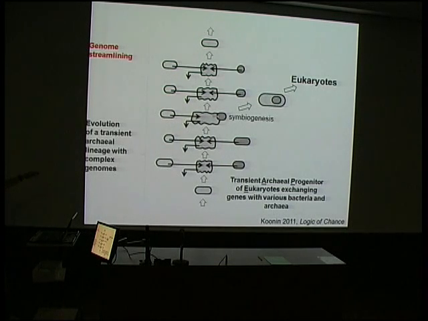Basically, the idea here is that the host of the mitochondria and the symbiont was a very complex archaeoform. A variety of genes, a variety of features, and it probably existed for a relatively short time on an evolutionary scale. But that time was sufficient to acquire the mitochondria and the symbiont and to trigger eukaryogenesis. There is the evolution of most of the archaeal lineages, primarily characterized by genomic streamlining.